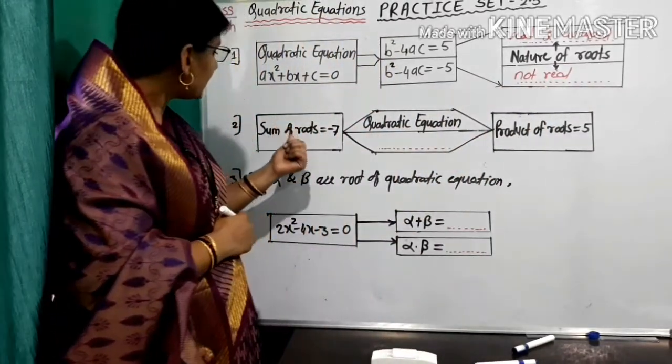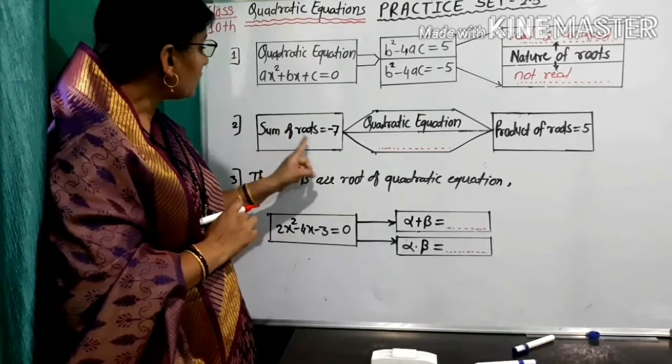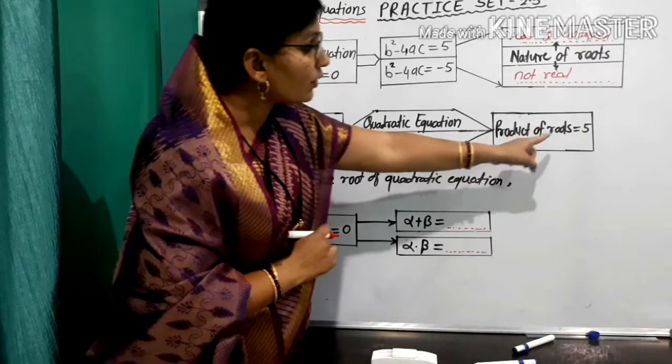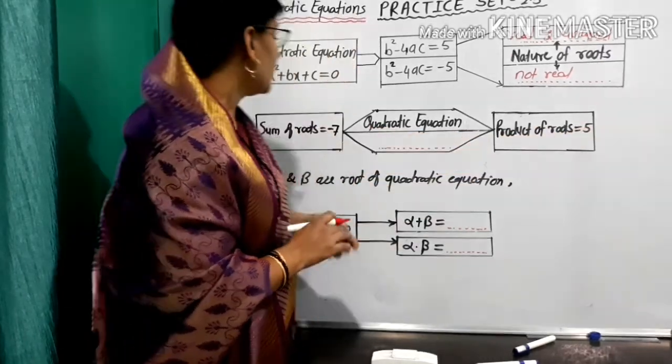See, example number 2. Sum of roots equal to minus 7 and product of roots is 5.